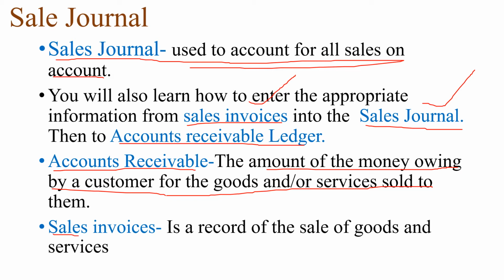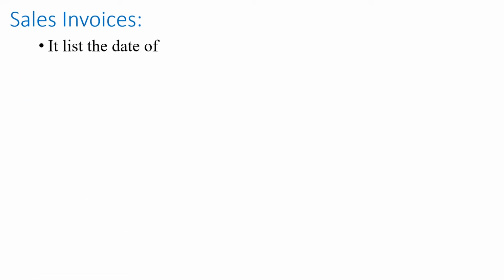And then we go to the sales invoice. It's a record of the sale of goods and services. It's not a receipt. It's just a record. Let's see how the invoice looks and what is on it.